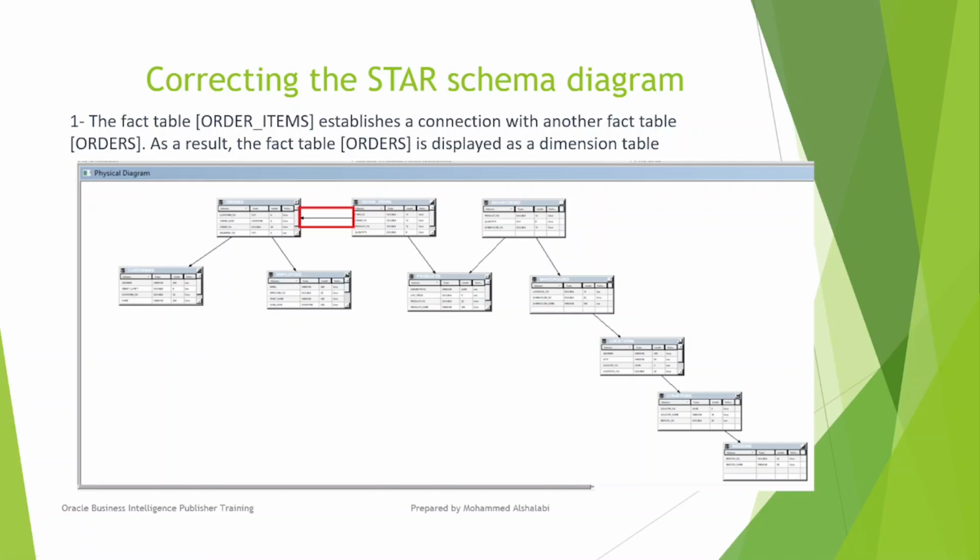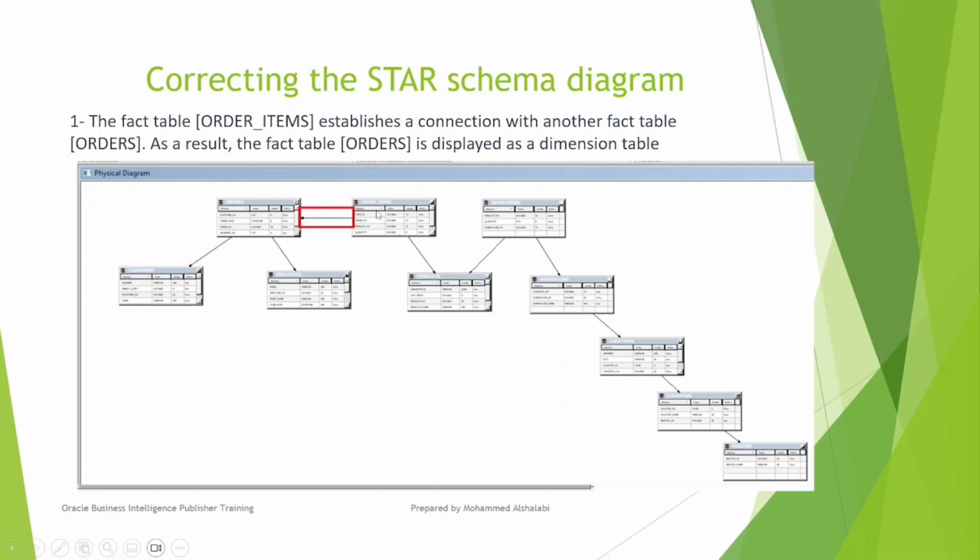Now, why does this happen? If we select all tables in the physical diagram and select show physical diagram, all tables, for example here inventory, have two relations with product and with warehouse.